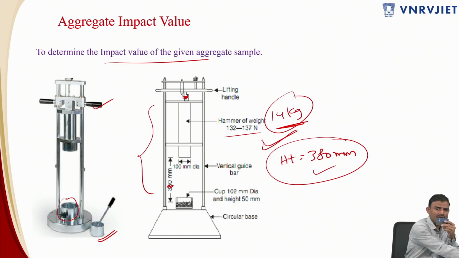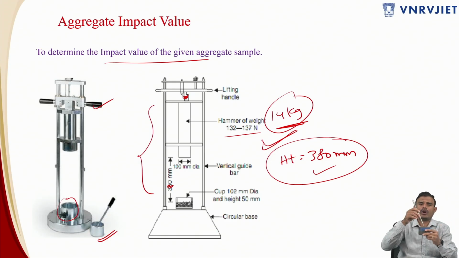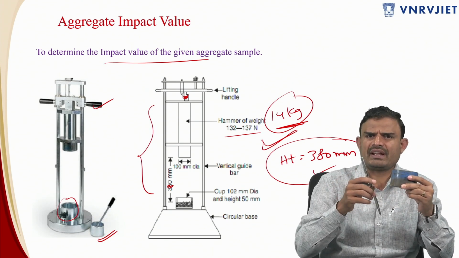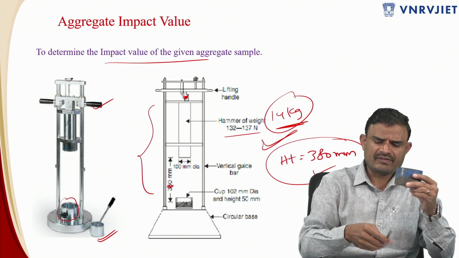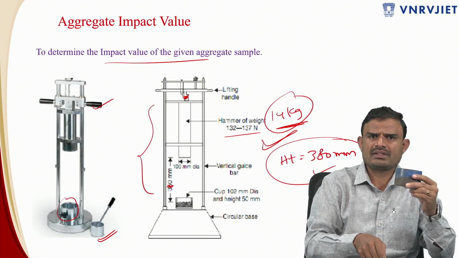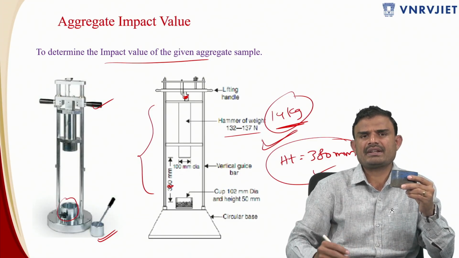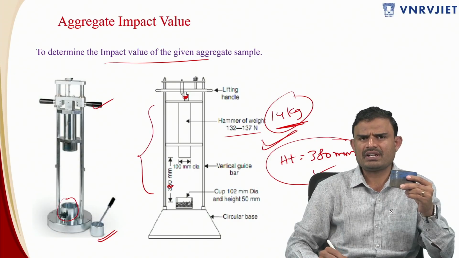While filling in 3 layers, you compact with the tamping rod provided over here. This tamping rod is 1 centimeter in diameter and 230 millimeters in length. Previously, the tamping rod used in the aggregate crushing value test was around 60 centimeters, nothing but 2 feet, with a diameter of 1.6 centimeters.